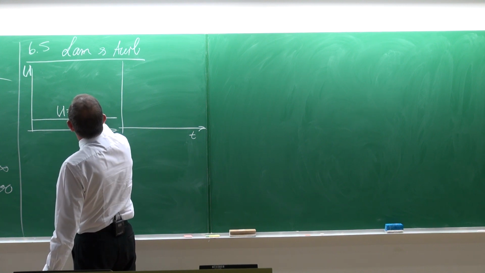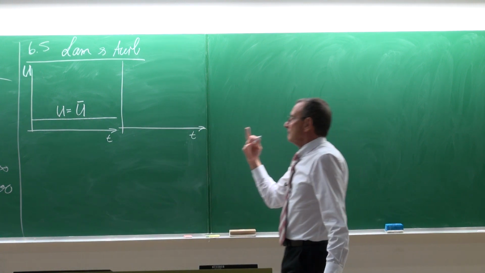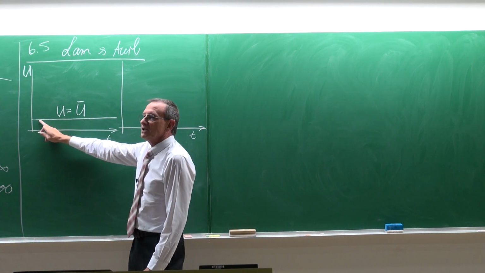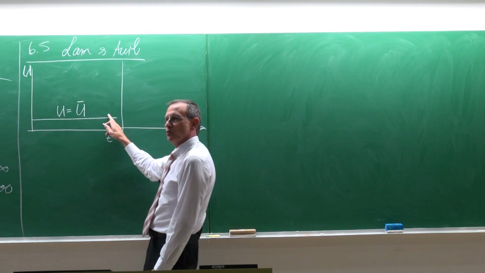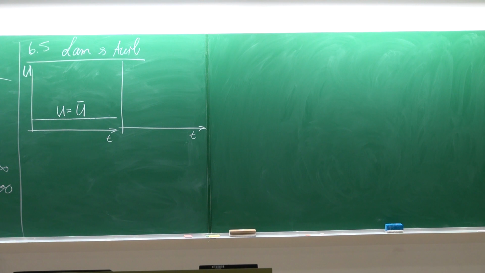It's not a function of time. So if the velocity that you measure here is 1 meter per second, 1 meter per second, 1 meter per second, there will be no fluctuations in your reading.